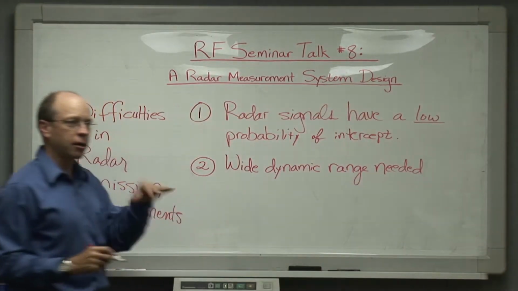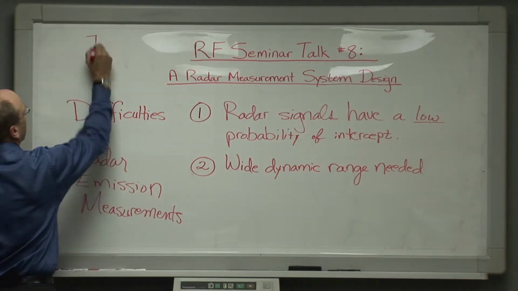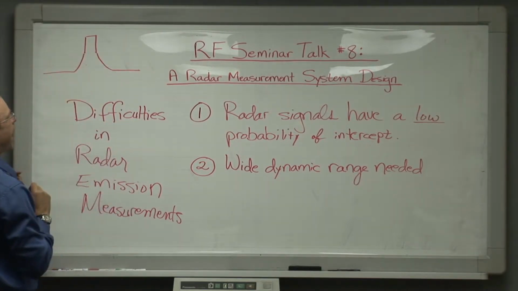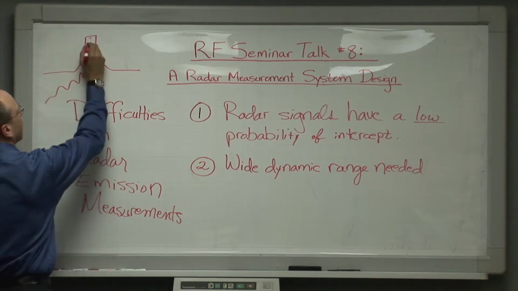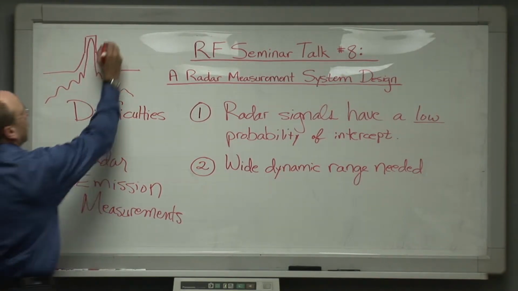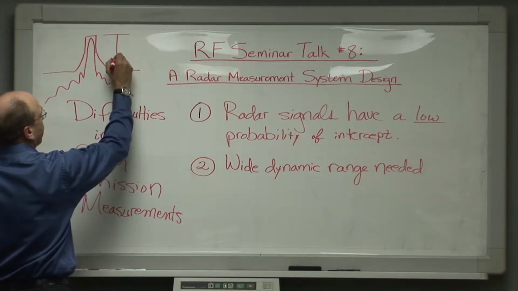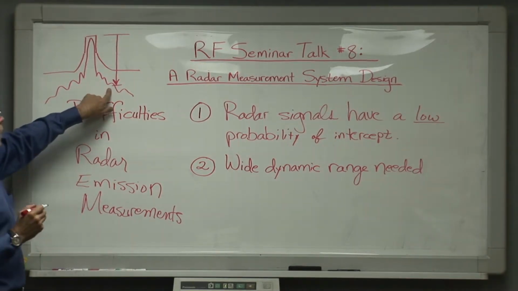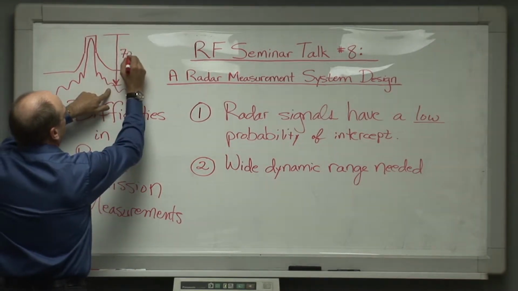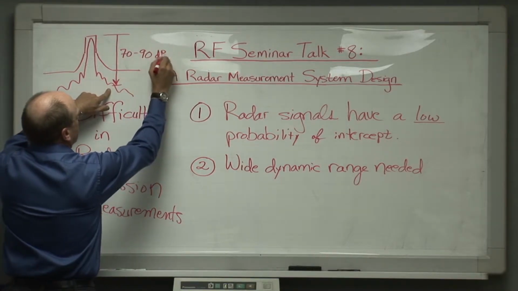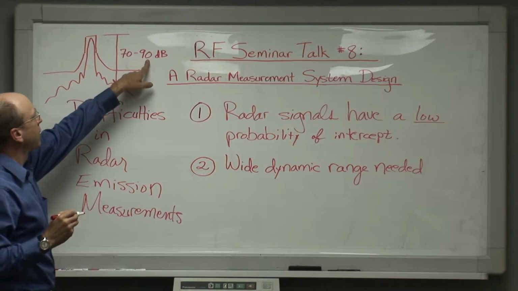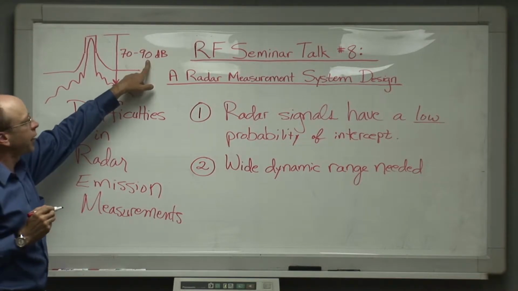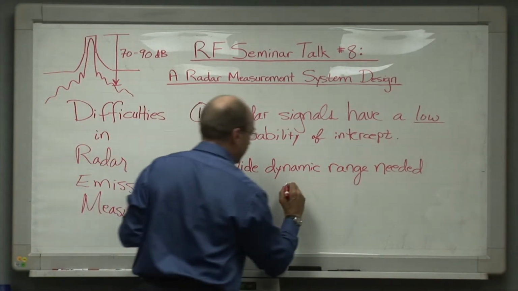Recall that for the NTIA radar spectrum engineering criterion, where we want to see how well the radar emission fits under a spectrum mask that looks like that, where the radar emission is down here, hopefully below this mask, the dynamic range that we need to see from the peak level of the radar emission down here into this part of the radar spectrum is anywhere from 70 to 90 dB, so we need at least 90 dB, and on top of that, for other purposes, in which we're trying to resolve interference problems, we're actually looking for 100 to 130 dB of dynamic range.